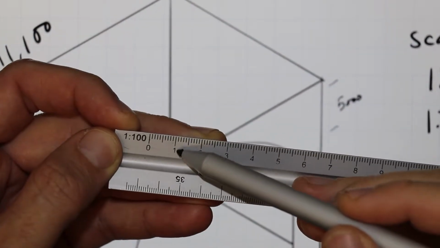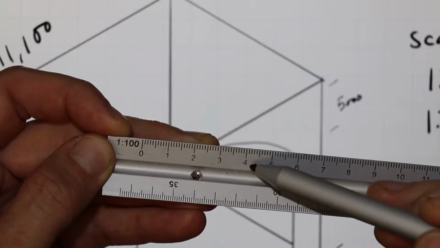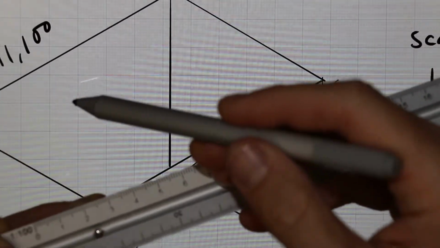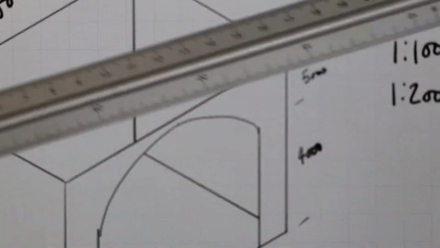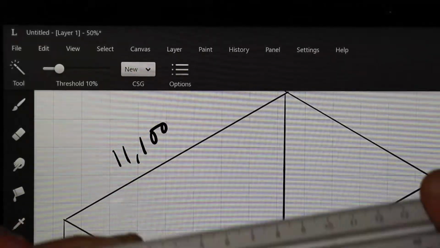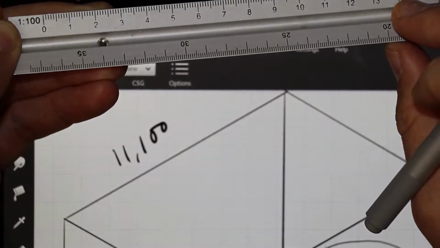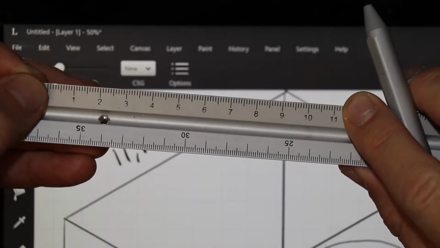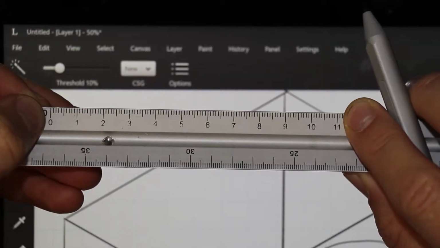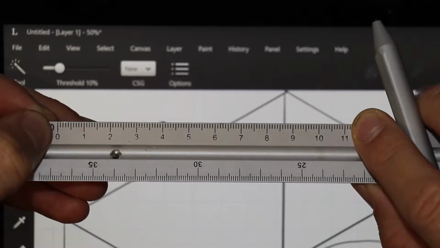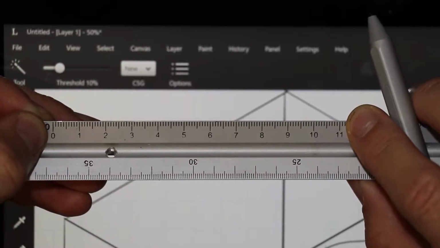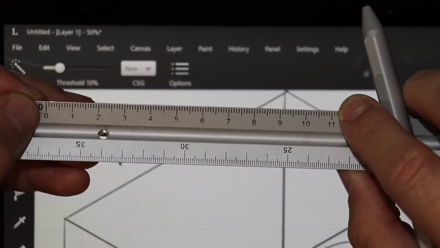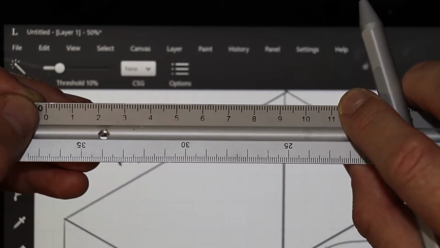So 1 centimetre equals 1 metre, 2 metres, 3 metres, 4 metres, 5, etc. So if I was to make this model at 1 to 100, as you can see, my dimension is 1100. So really my model would only be 11.1 centimetres, or 111 mil, which really is a little bit too small, isn't it, for our project.